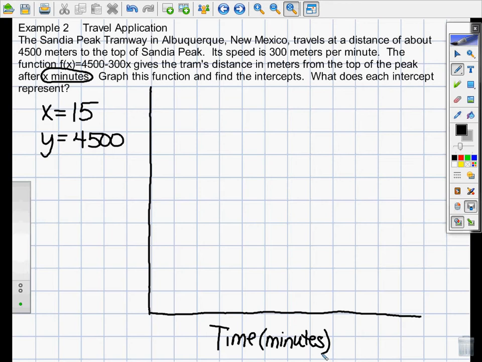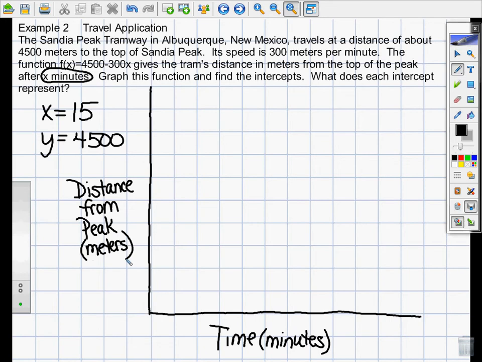That's what we're looking to do. Now the y-axis, we're going to call this distance from the peak. Remember what I just said, we are at the bottom of this mountain. We want to travel up the mountain and get to the peak. We want to reach the peak. Okay, and this is of course in meters.